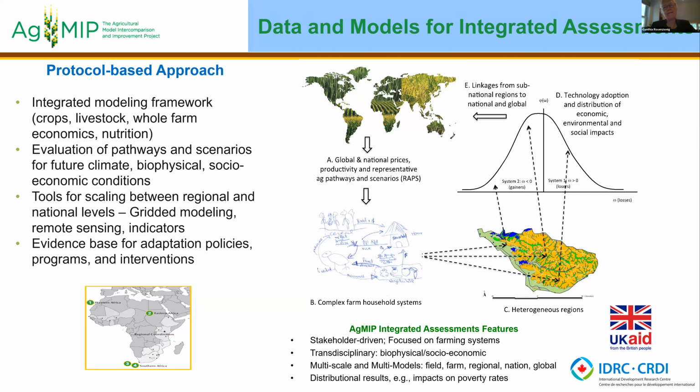And then with this set of data and models, we evaluate pathways and scenarios for future climate, the biophysical and socioeconomic conditions. And we create tools for scaling between regional and national levels.